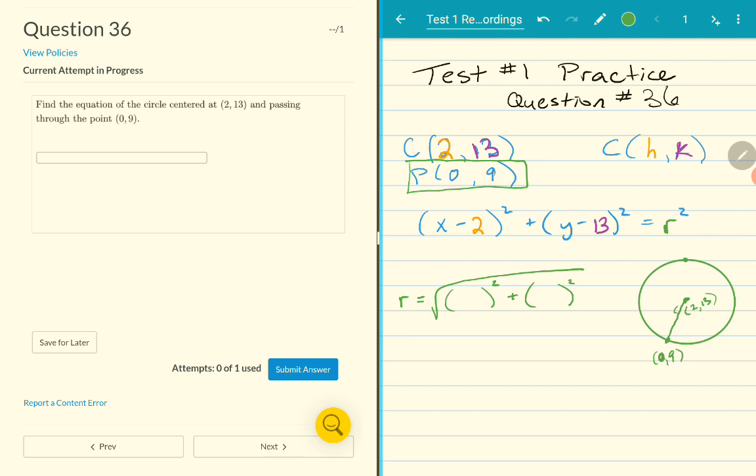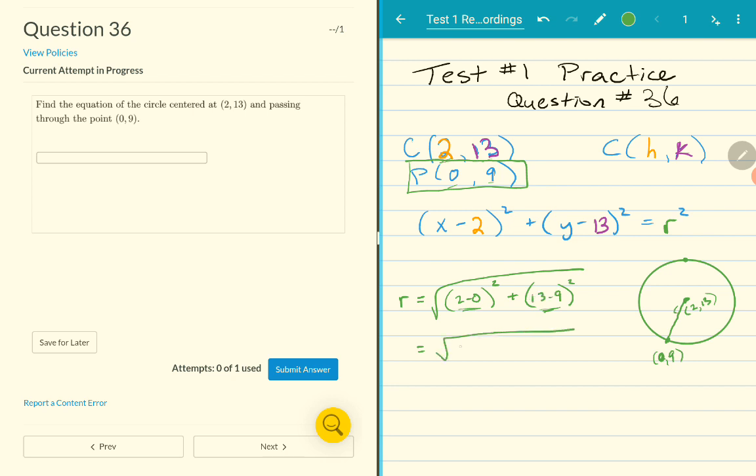It's always positive because distance is a length. So what goes in the parentheses is the difference between the two x coordinates, so that's 2 minus 0, and the difference between the y coordinates, so that's 13 minus 9.